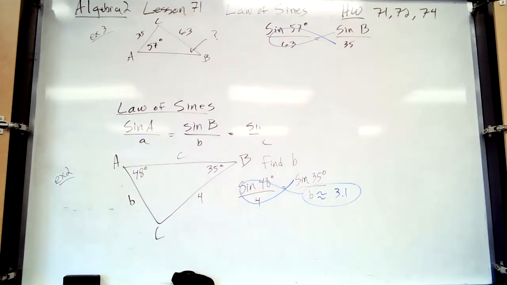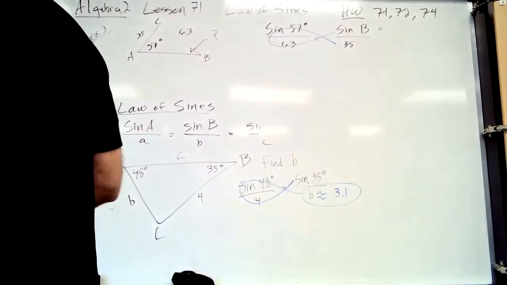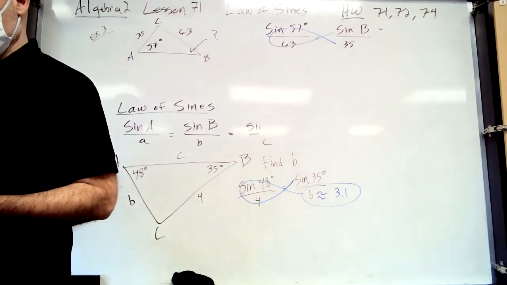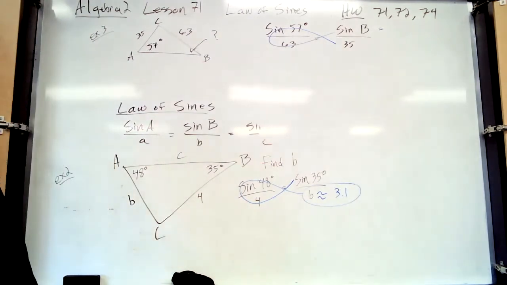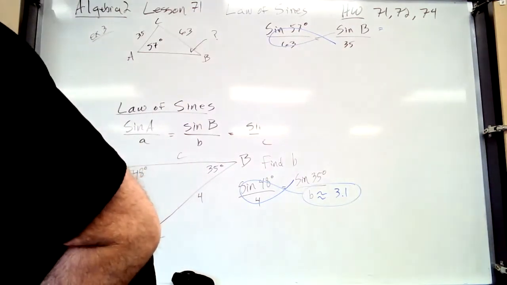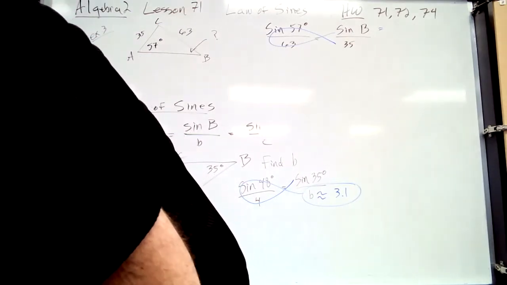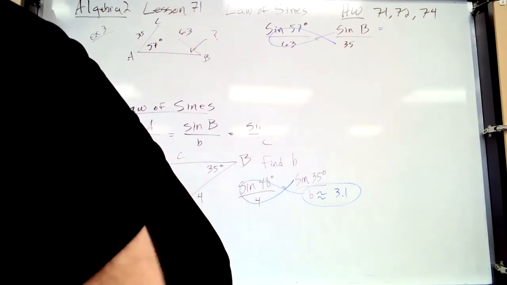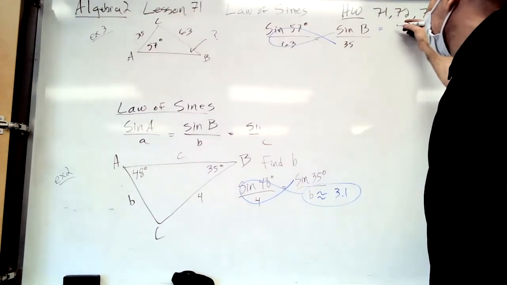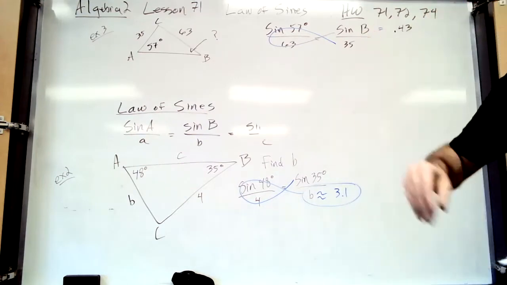So you can solve for the sine of b, and the sine of b is going to be whatever the sine of 57 times 35 divided by 63 is. If you fish that out, that's not going to give you b. It's going to give you the sine of b, okay? So sine of b is going to be 35 times sine of 57 divided by 63. The book doesn't give me that, so what is that? 0.43-ish? Okay, now how do you find b now?